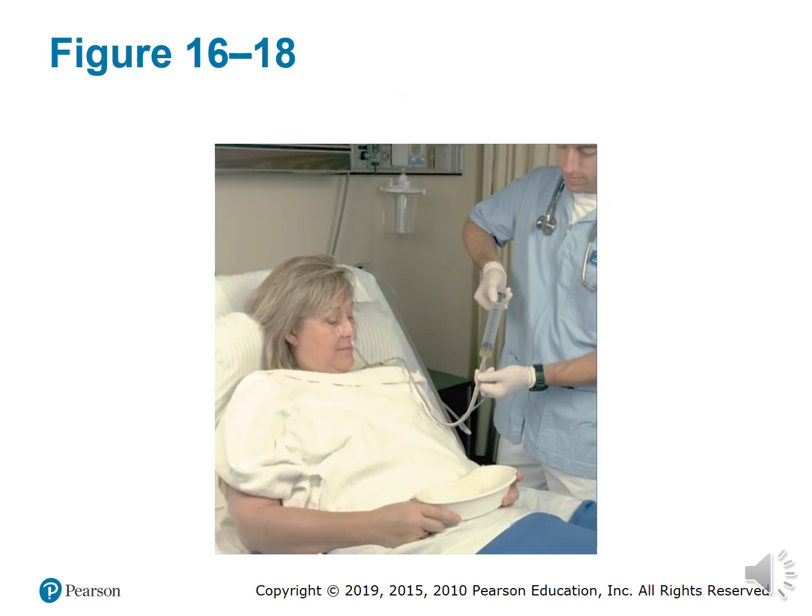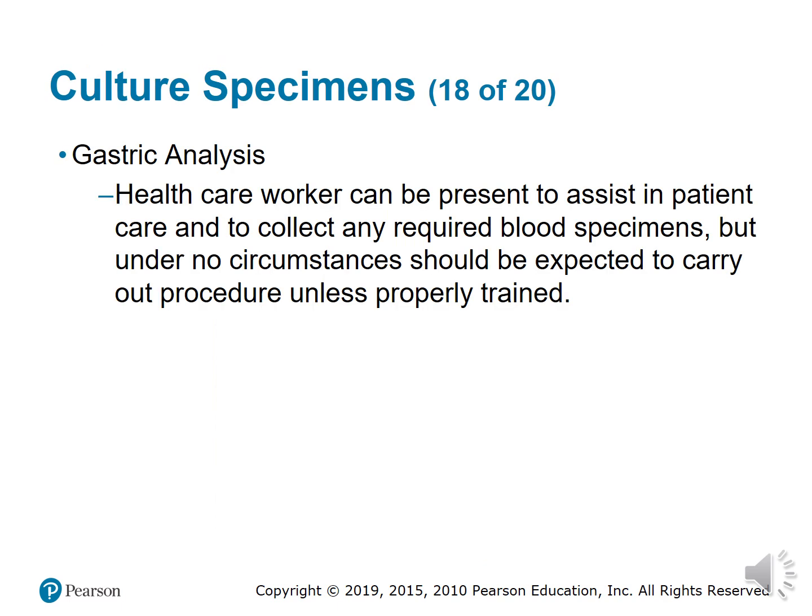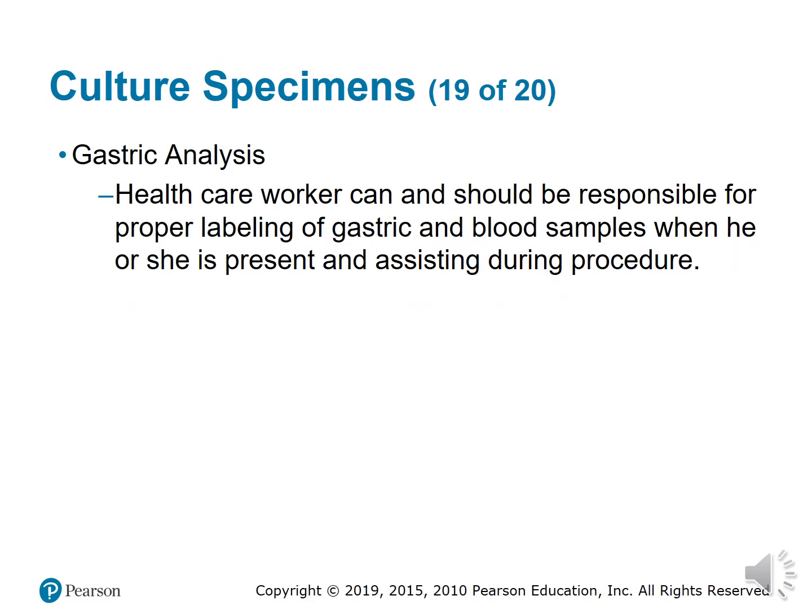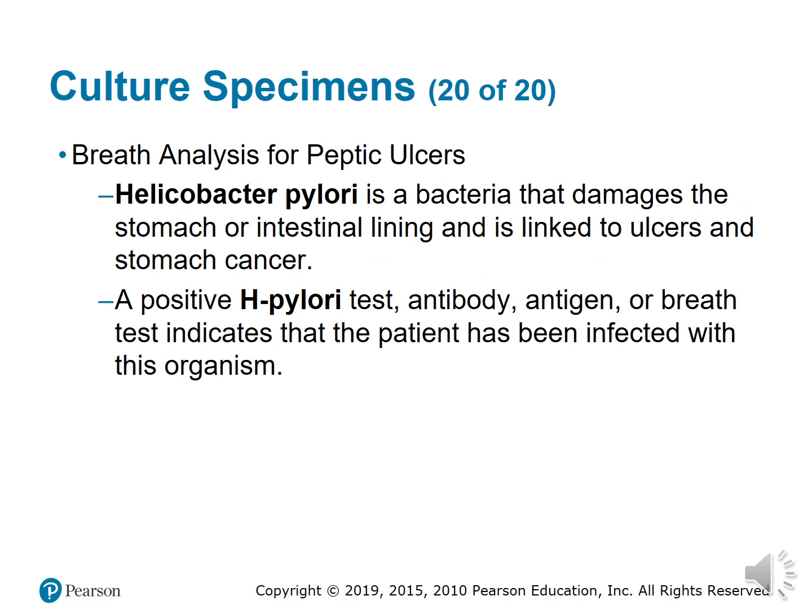And basically, with this test, it's to check for any inflammation or anything that's going on with your digestive tract or your gastric tract, should I say, which is your stomach area. See if you're bleeding inside, to see if you're processing food properly.